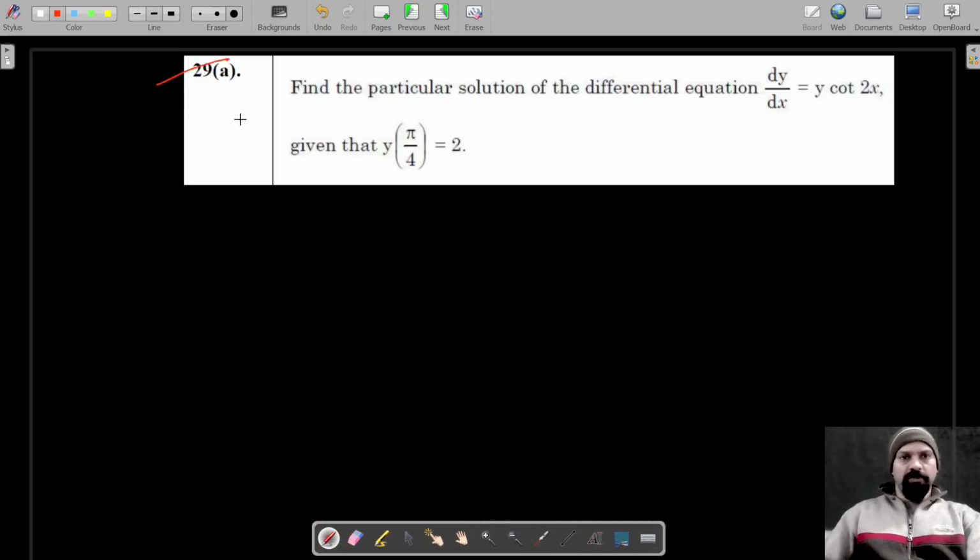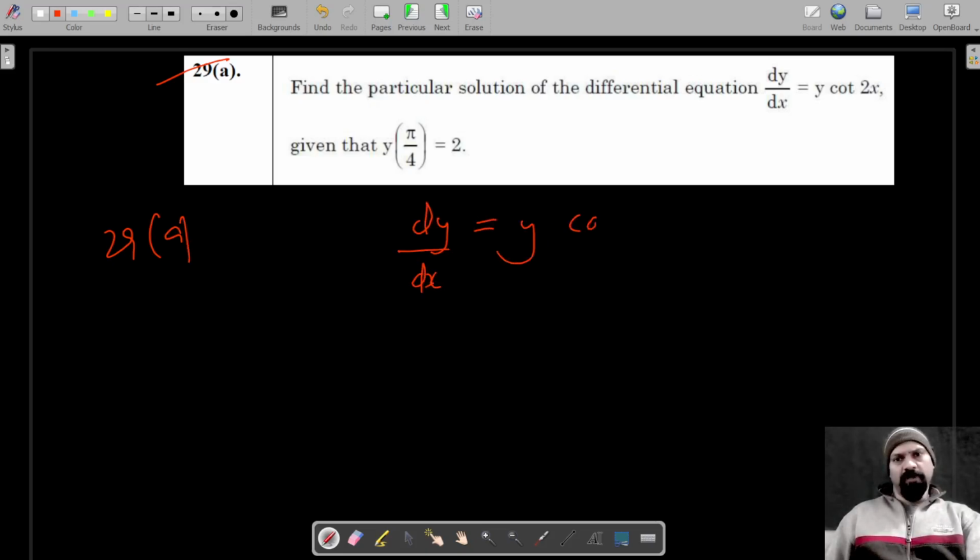Okay, for question number 29, part A, we have to find the particular solution of the given differential equation. The given differential equation is dy by dx is equal to y into cot of 2x. Now this can be written as dy upon y is equal to cot of 2x into dx.